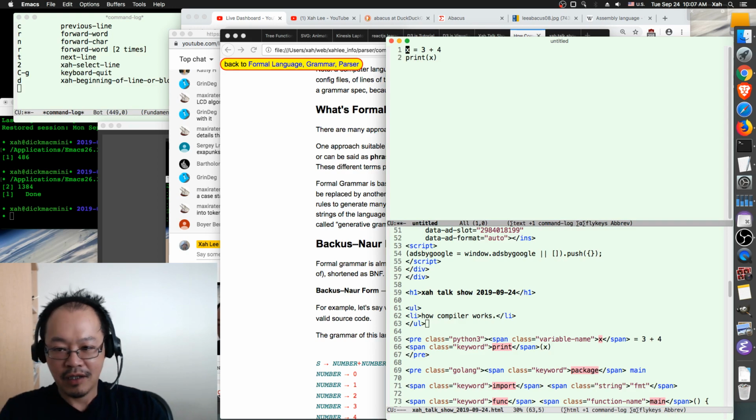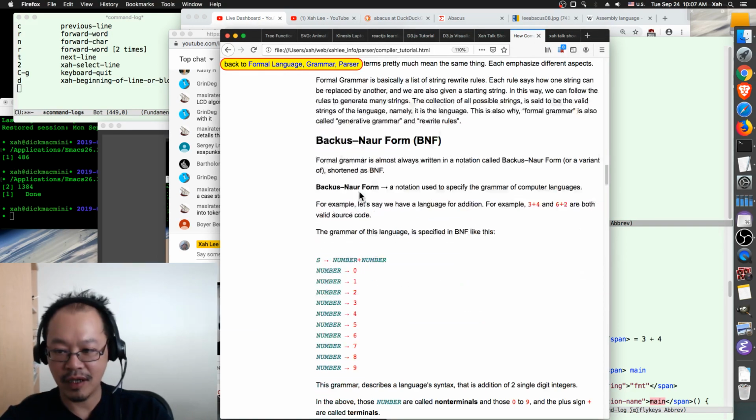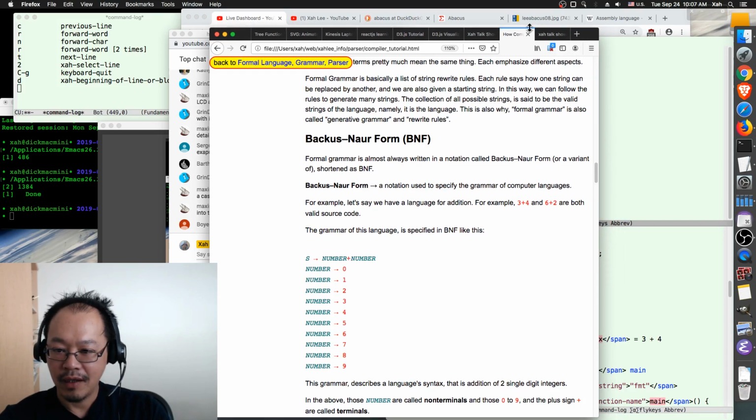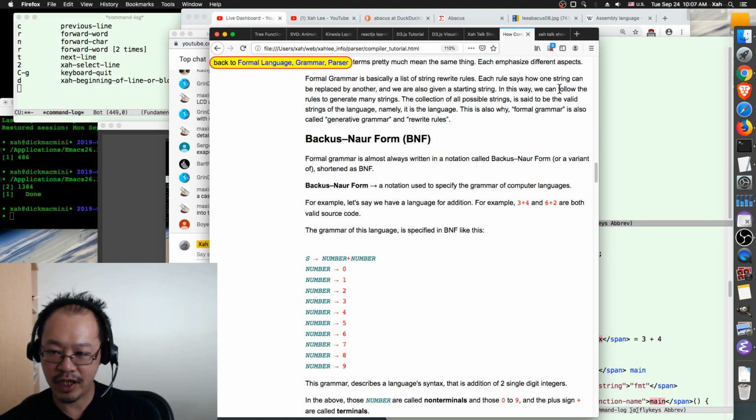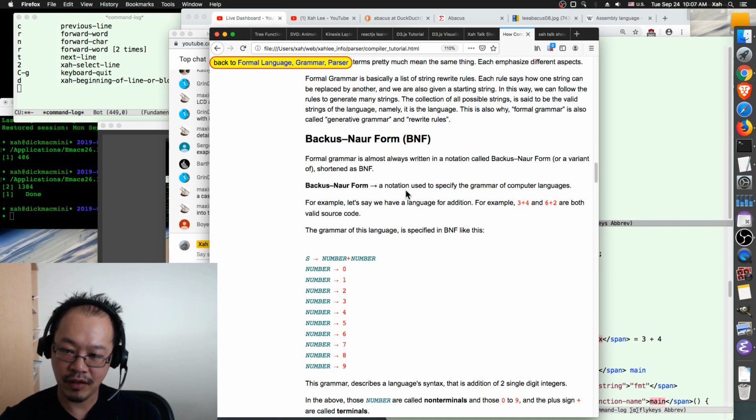So let's talk about Backus-Naur form. Formal grammar is almost always written in a notation called Backus-Naur form, or a variant of it, shortened as BNF. Backus-Naur form is a notation used to specify the grammar of computer languages.